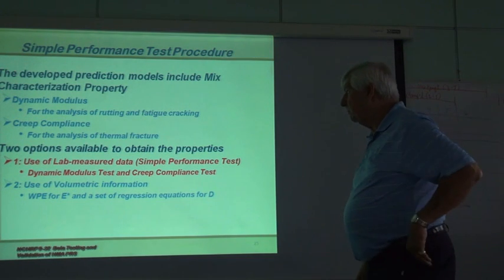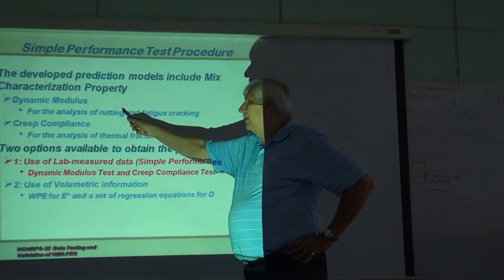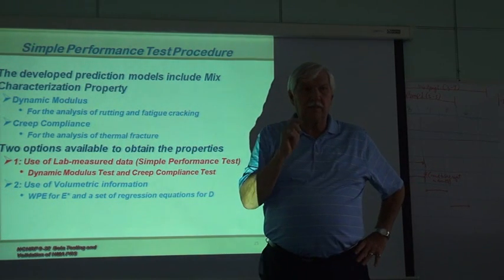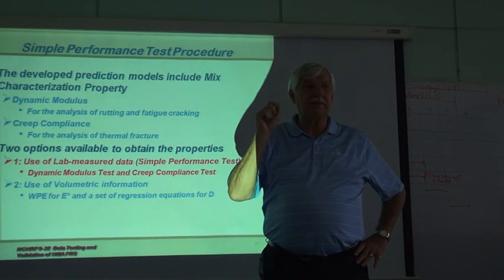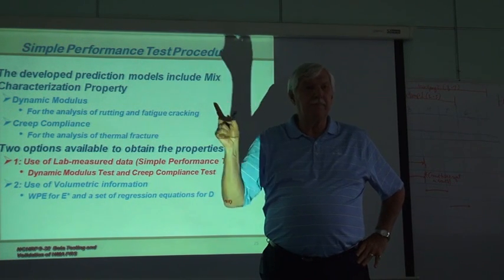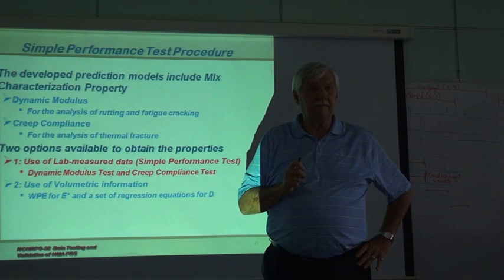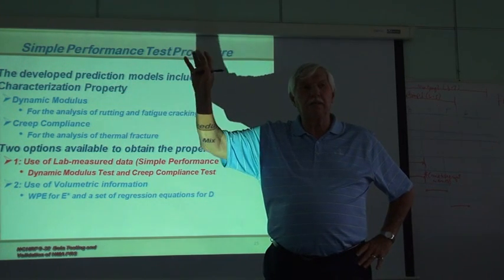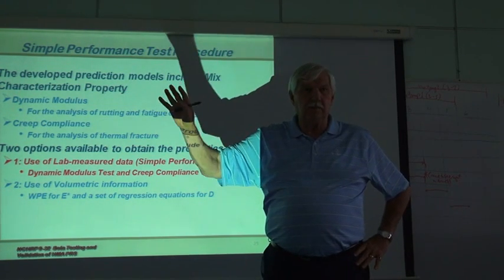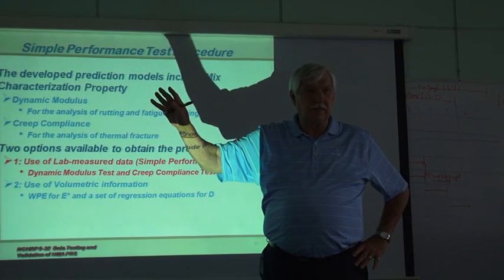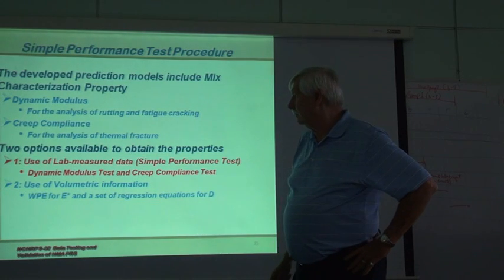But what becomes important here is that the dynamic modulus is the critical simple performance test variable, if I had to pick one, that governs the performance of an asphalt pavement. That's why Luis and your lab is placing so much emphasis on the E-Star device. Okay? And that's what becomes important.